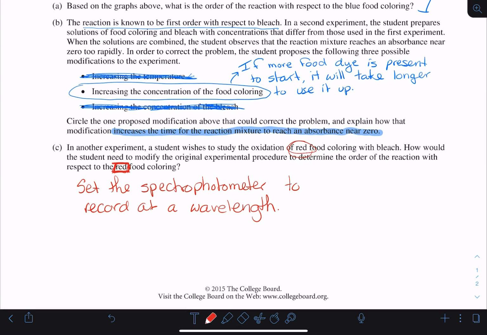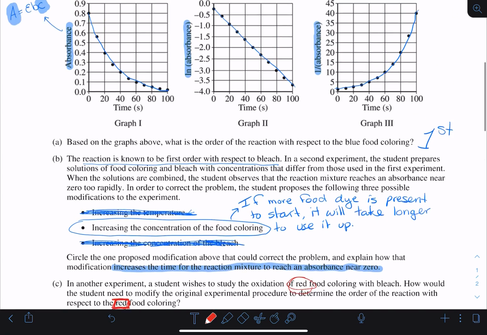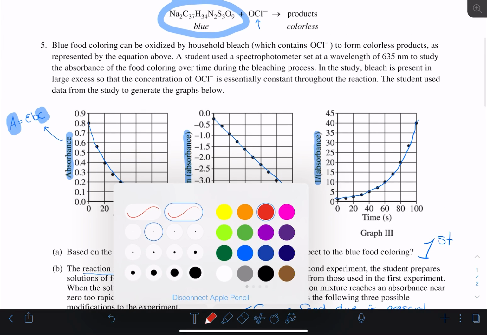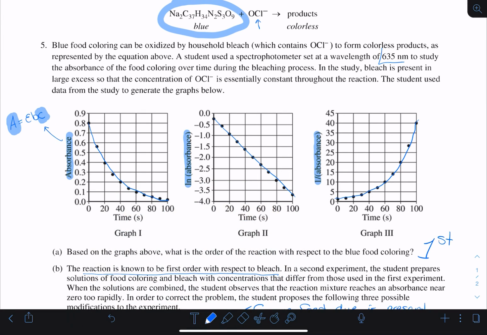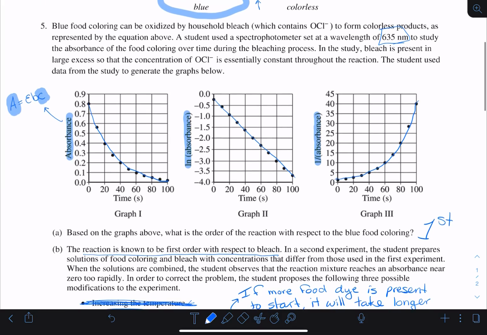Set the spectrometer to a different wavelength, done. We were told up here that for our blue dye, we studied 635, which is a reddish wavelength. If we see something as blue, blue is what's not being absorbed, and we want to measure what is.